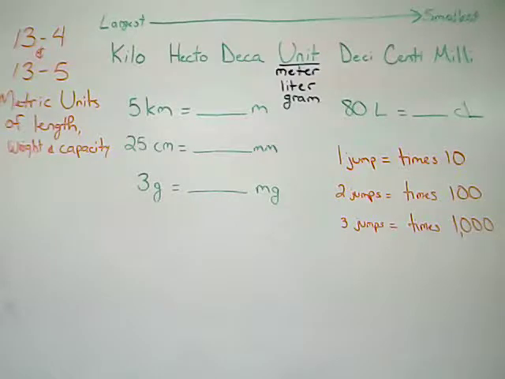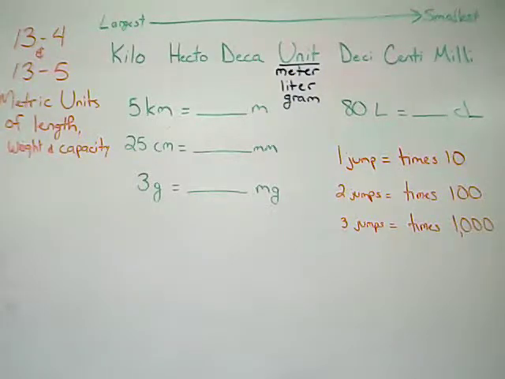In my opinion, it's a very easy system to use instead of mixing up 12 inches in a foot, 3 feet in a yard, 5,280 feet in a mile, so on and so forth. They use the same system for all three units of measurement, whether they're measuring for length, weight or mass, and capacity.